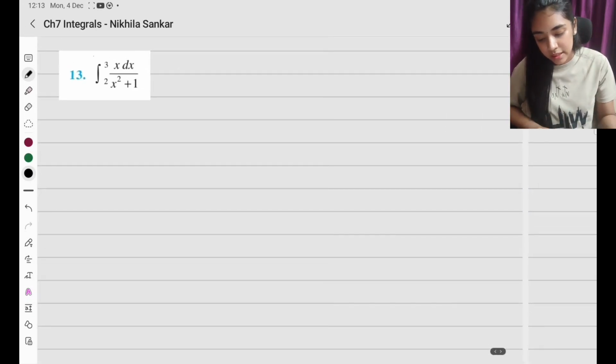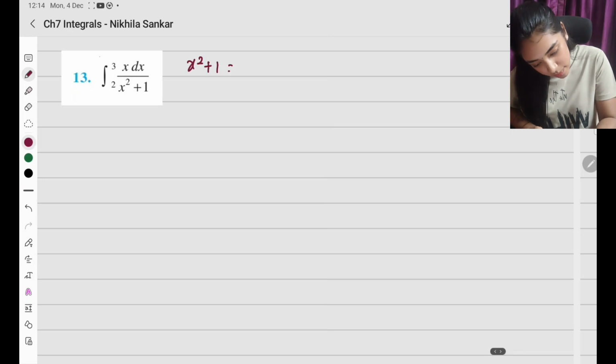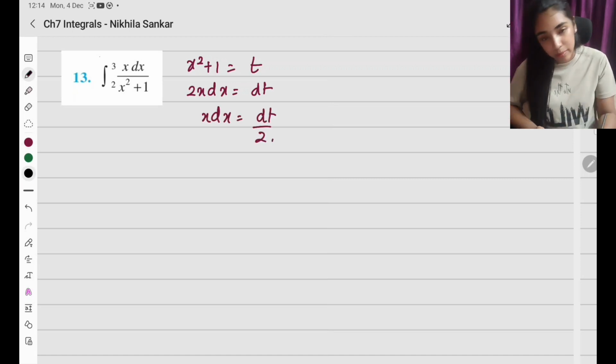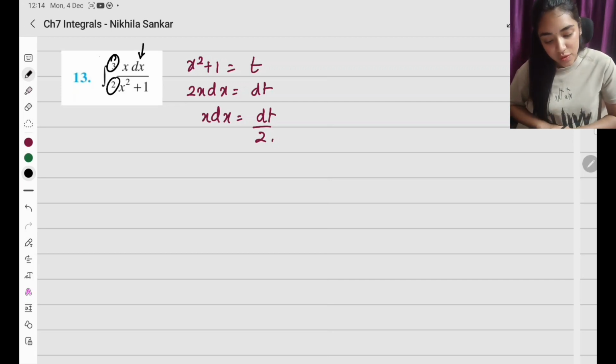Question number 13. Here we use the substitution method. So I am going to take x square plus 1 to be t. 2x dx equals dt. So x dx equals dt divided by 2. So now I am trying to omit the limits. I am going to omit the two limits because the variable x travels from 2 to 3, but for t the values change.